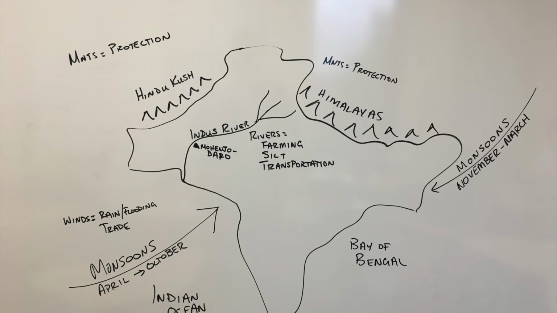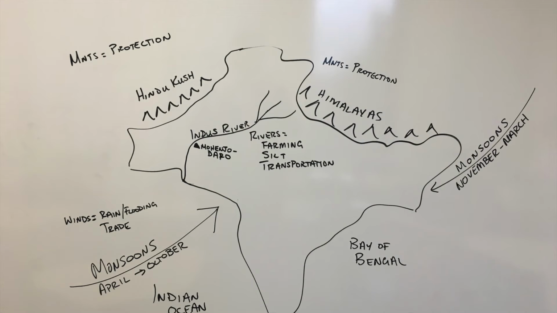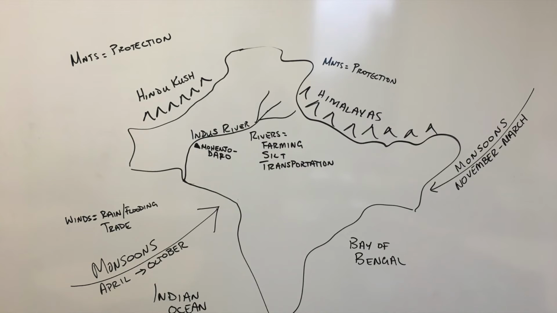From November to March, the monsoons are going to switch direction and the wind's going to flow into India coming from the northeast. This is going to dry the temperature out. So they're going to have two different seasons of extremes.